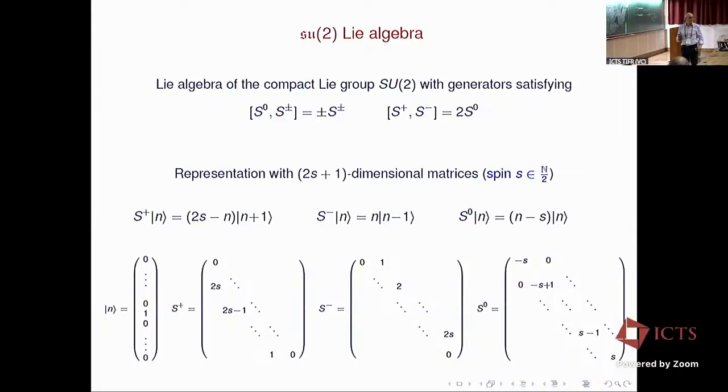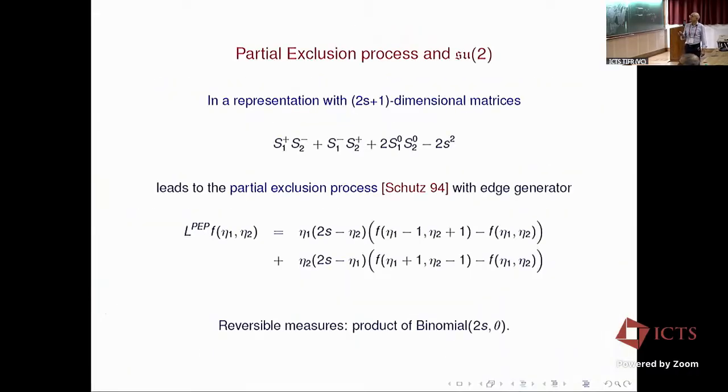S is the spin which labels the representation, and if you then consider this representation with matrices of the creation, annihilation, and number operators for the SU(2) algebra, and then you look at the coproduct of the Casimir, I mean the density of the XXX spin chain, then you obtain a partial exclusion process.